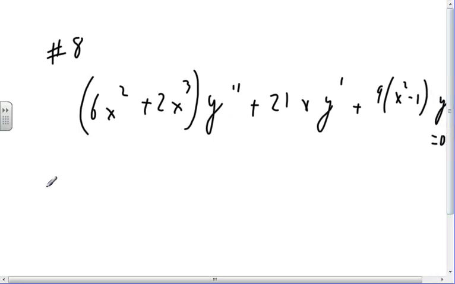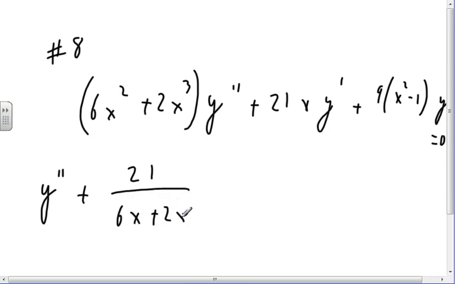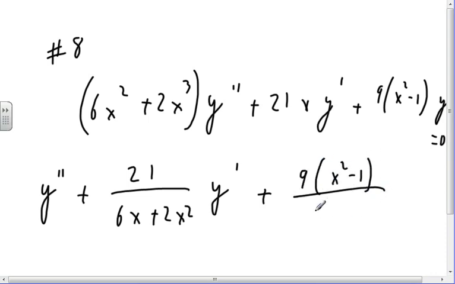So I'm going to put it in the form of y double prime plus 21 divided by (6x plus 2x squared) y prime plus (9x squared minus 1) divided by (6x squared plus 2x cubed) y is equal to 0.